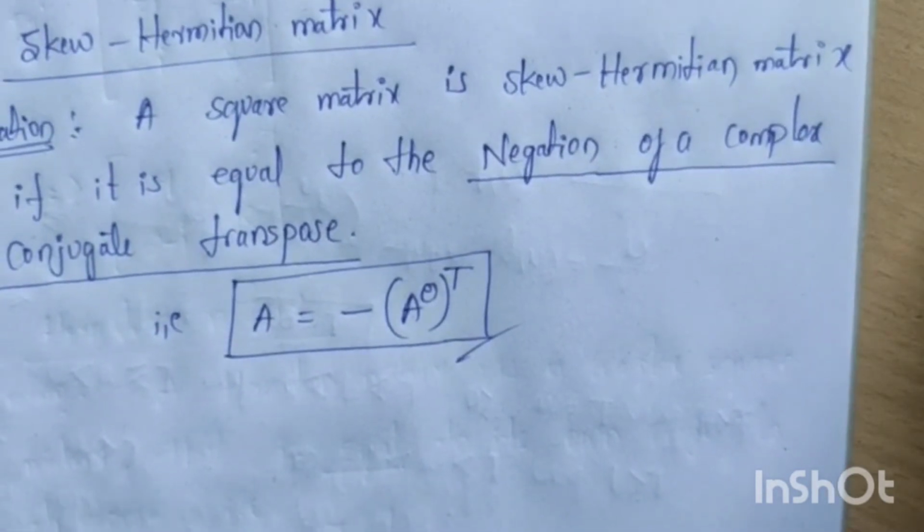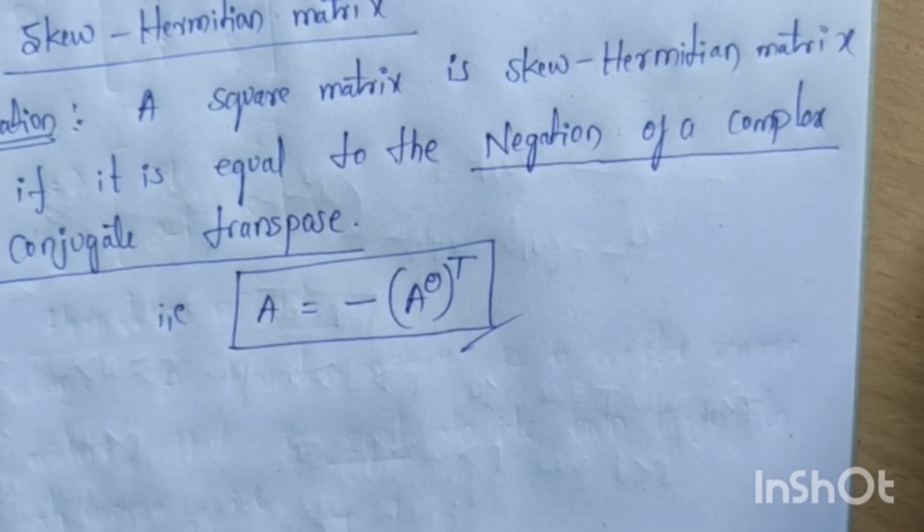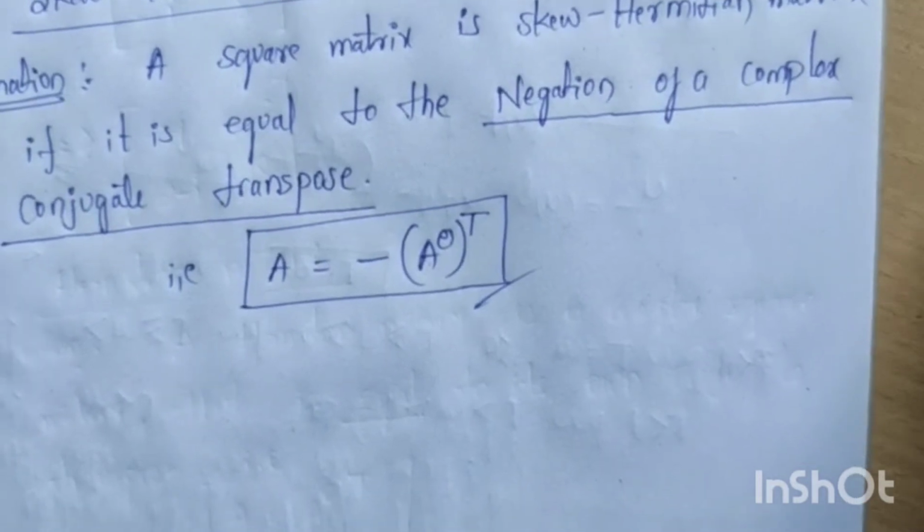The entries on the diagonal of a skew-Hermitian matrix are always pure imaginary or zero. It is very important.